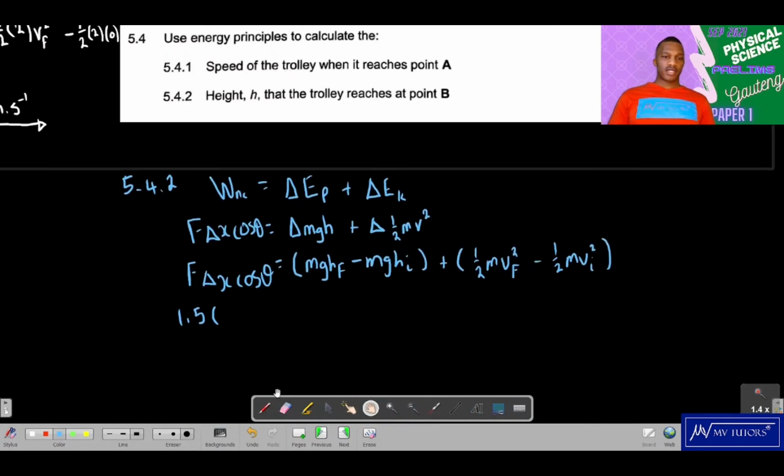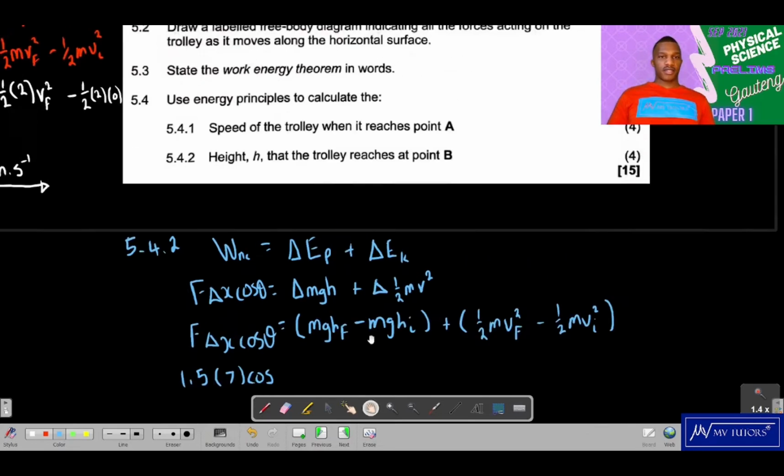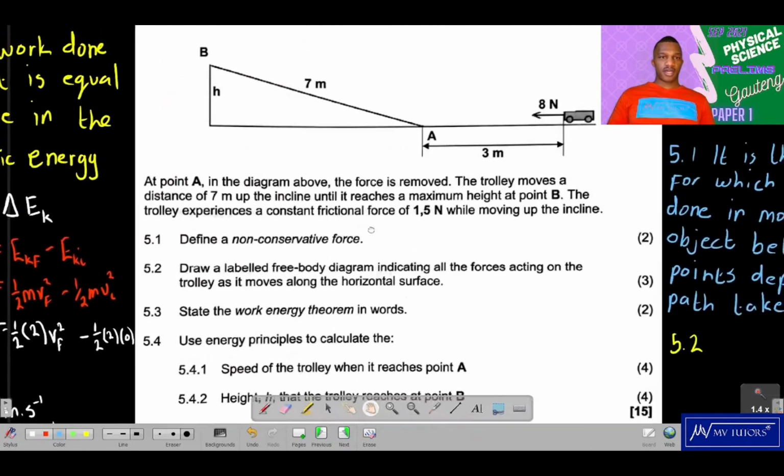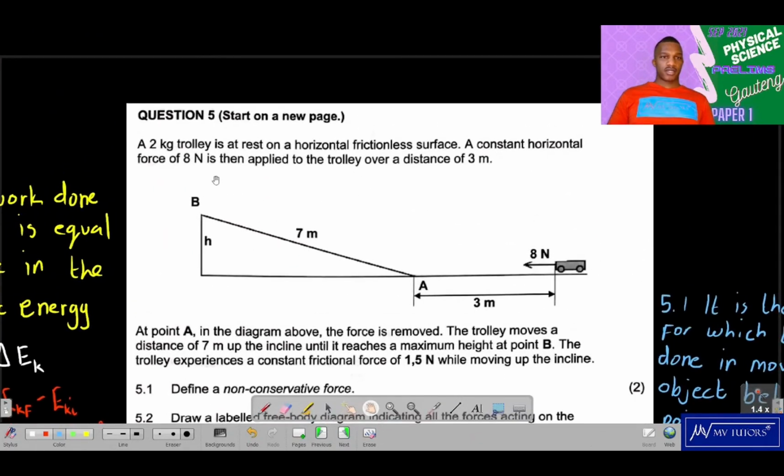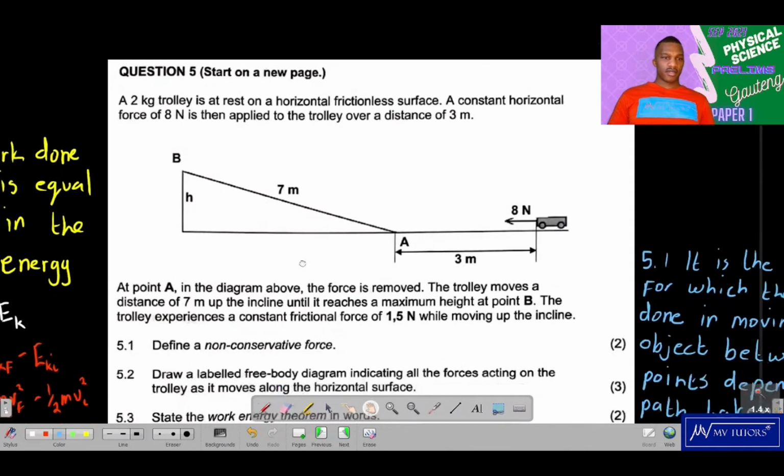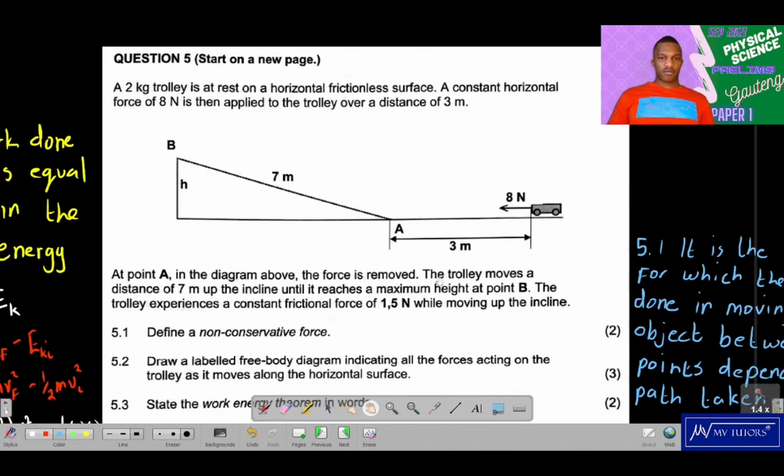So our distance is therefore 7, change in distance. Cos, what's our theta? Okay, did they say anything about theta here? All right, trolley is at rest, constant horizontal force applied. Point A, remove, okay, which is a height of B at point B.